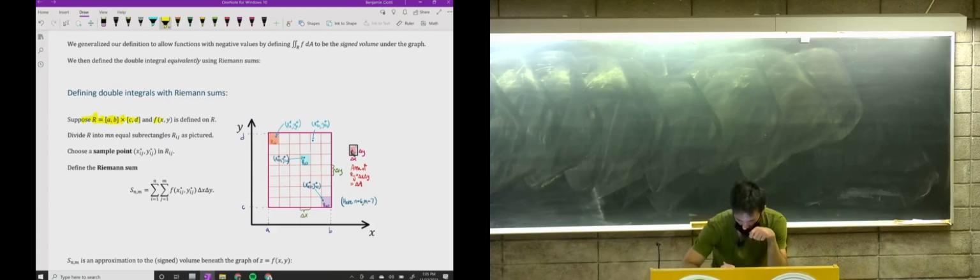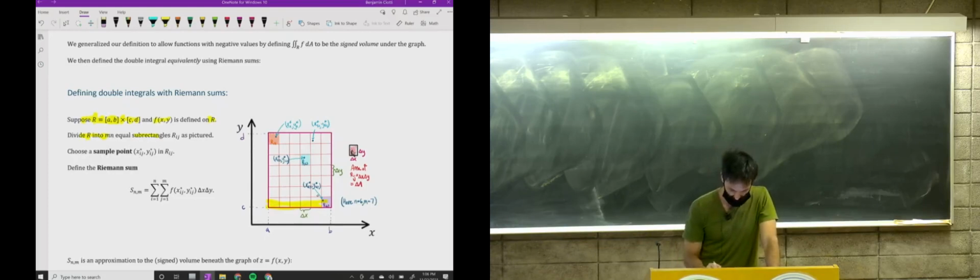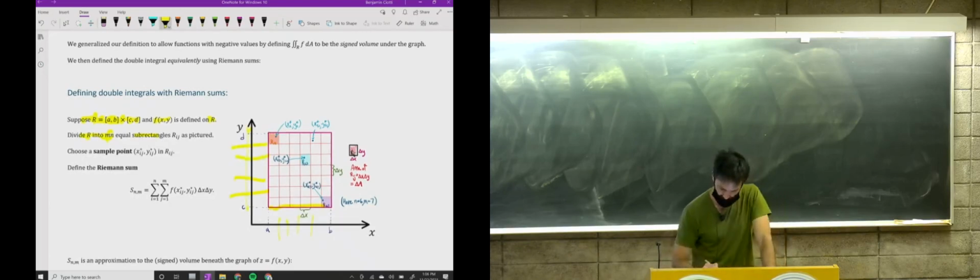And we have some function f(x, y), which is defined on R. Then what we do is we divide R into subrectangles, let's say mn of them, where we divided the x interval into n subintervals and the y interval into m subintervals. That leaves us with m times n little subrectangles of the original rectangle R.